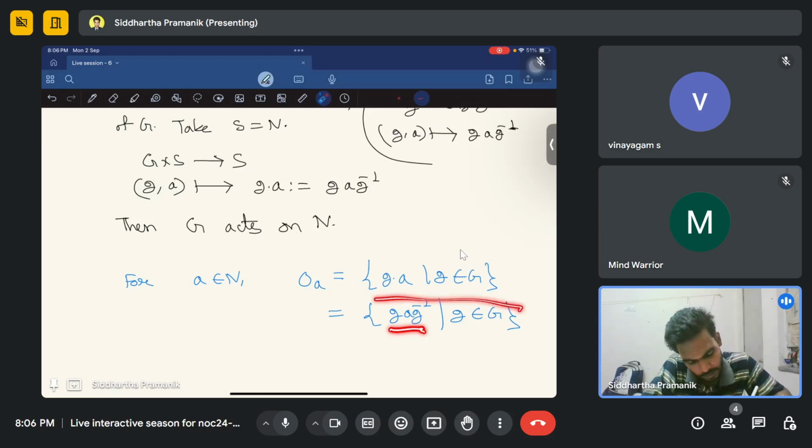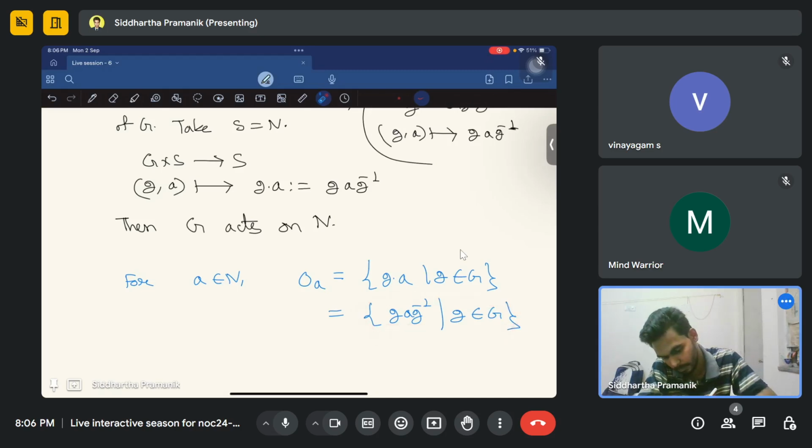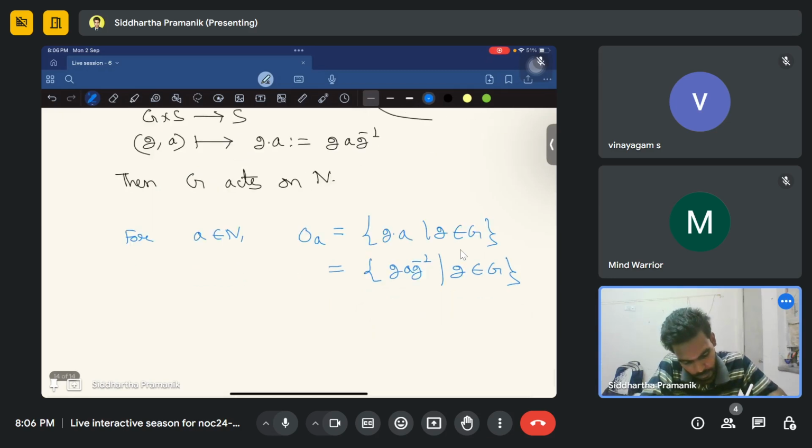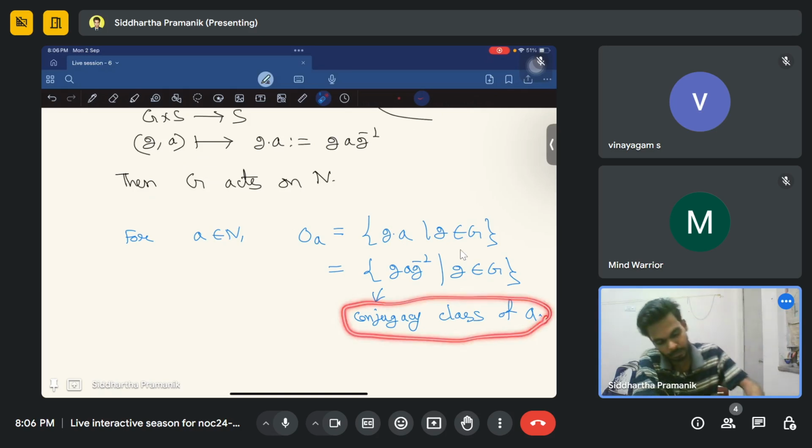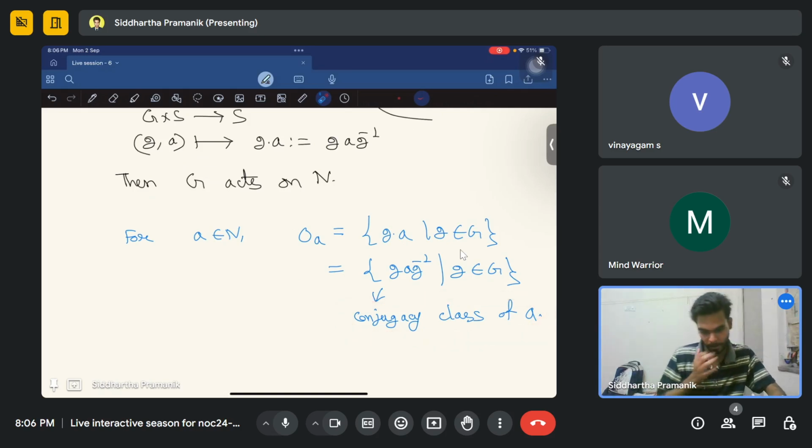So this set is the collection of all conjugates of a. This has a name. This is known as the conjugacy class of a. So in the next week's lectures, I hope you will see this term. You will see class equations and conjugacy classes. So this is the orbit.